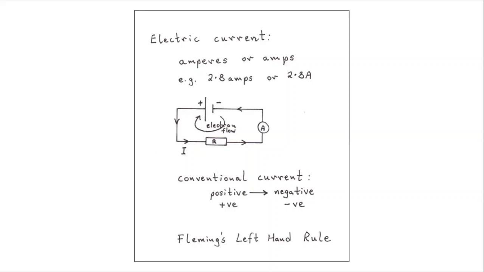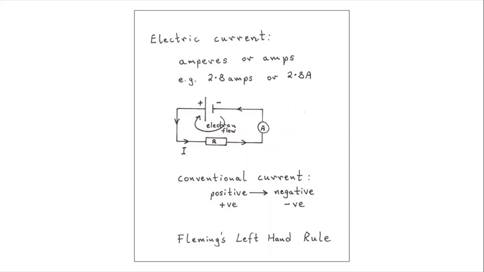So we still stick with Fleming's left-hand rule, and so we have to know about the direction of conventional current, which is opposite to the direction of flow of electrons. And you might be saying, well, can't we just change the rules? Well, yes, in some countries this has happened, but hey, this is the way we're working today.